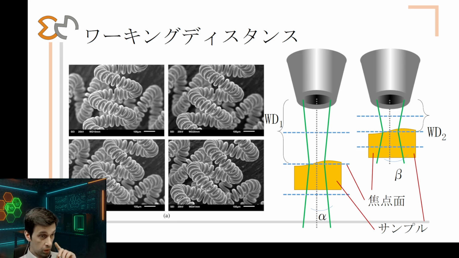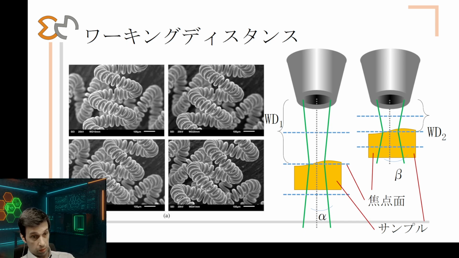So if we compare these four images, in the top left, you see that there is this spiral thing that is very clear in front, but there's another one in the back that looks really blurry. This is because we are using a working distance of 10 millimeters. So we are pretty close to the sample. If we reduce the working distance more, for example to 2 millimeters, probably only the top of the spiral would be in focus and the bottom would be completely out of focus.